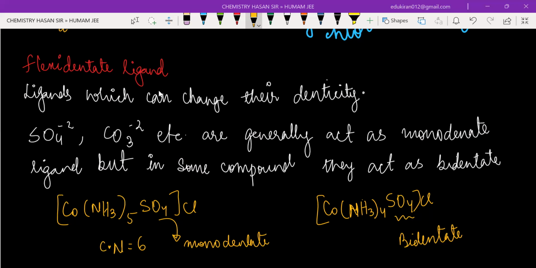Effective atomic number. Organometallic compounds we will study.